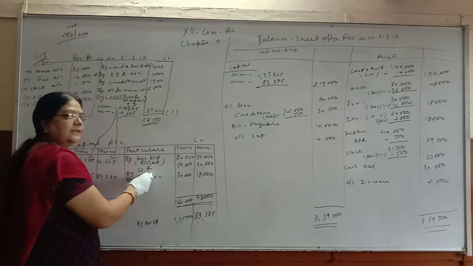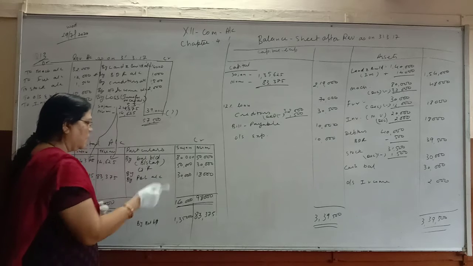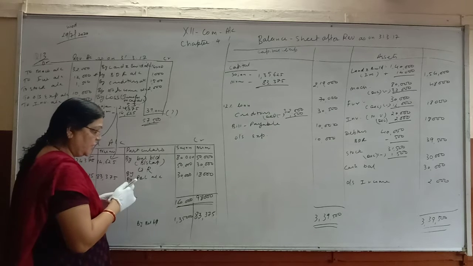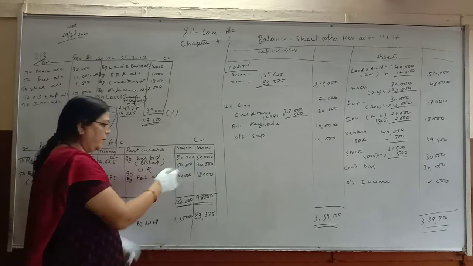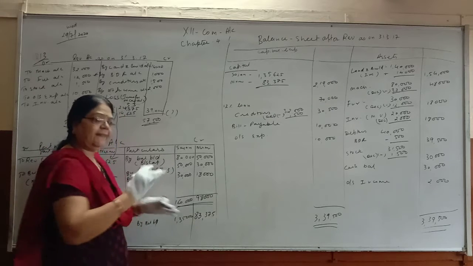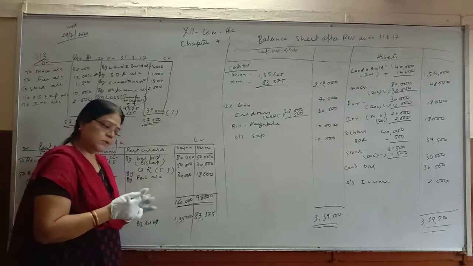So the general reserve, which is given in the old balance sheet, 80,000, we are going to distribute in the ratio of 5:3, everything in the old ratio, 5:3.